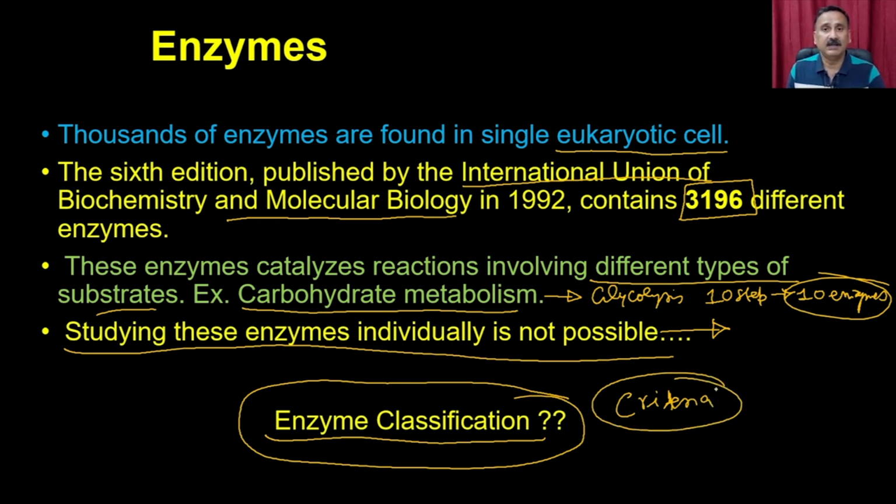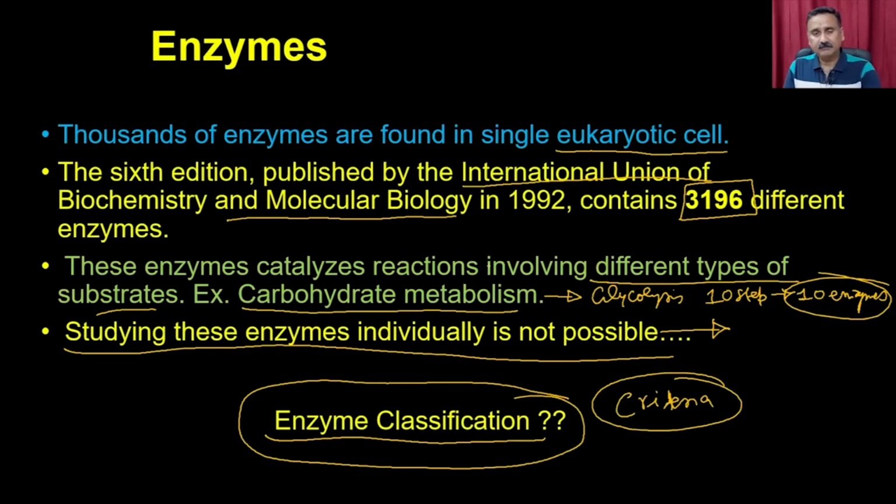In the case of organisms, it is easy because you can look at some of the properties and phenotypes, adopt them as criteria, and classify them. But in the case of enzymes, the first question is, what would be the criteria on which you can do the enzyme classification?